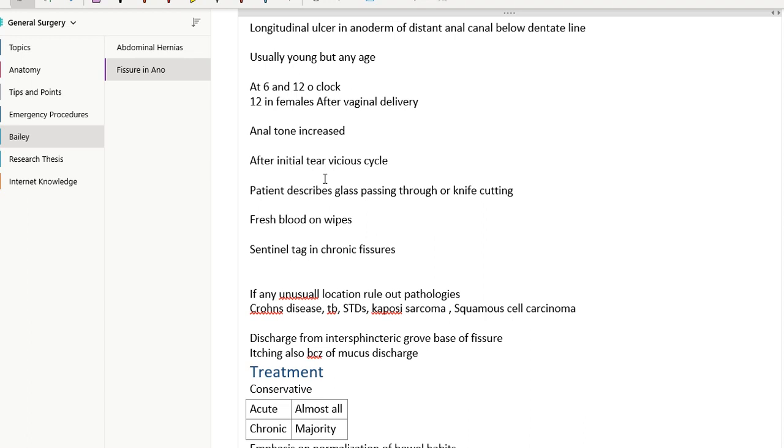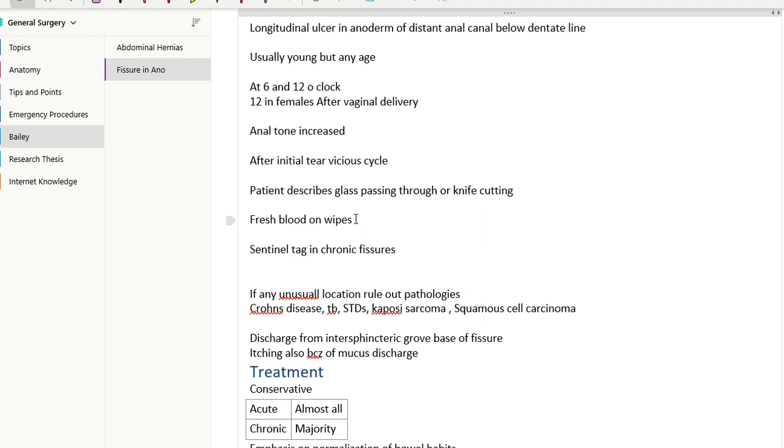the tearing process. And the patient is also going to avoid defecation because it's a very painful process during the anal fissure, and usually the patient describes it as a sharp glass passing through, or a knife cutting through.